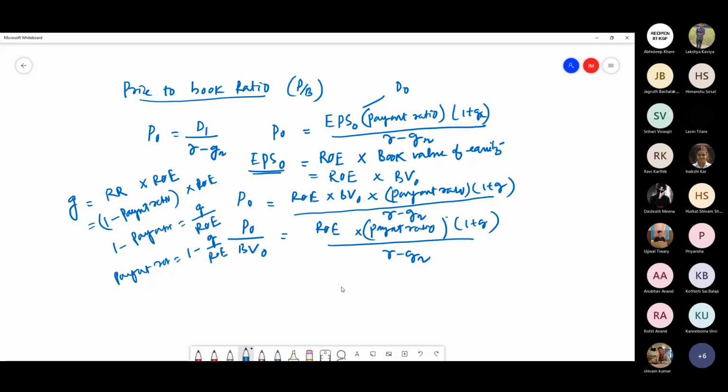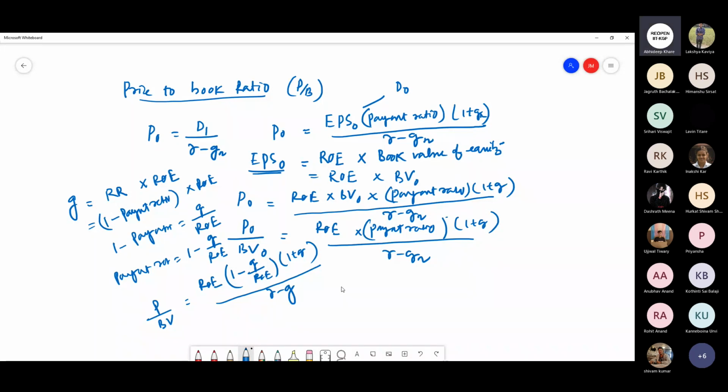So now if I put it here, your P by BV is equal to what? We can write ROE into 1 minus G divided by ROE, into 1 plus G divided by R minus G. Yes or not? Yes, sir.